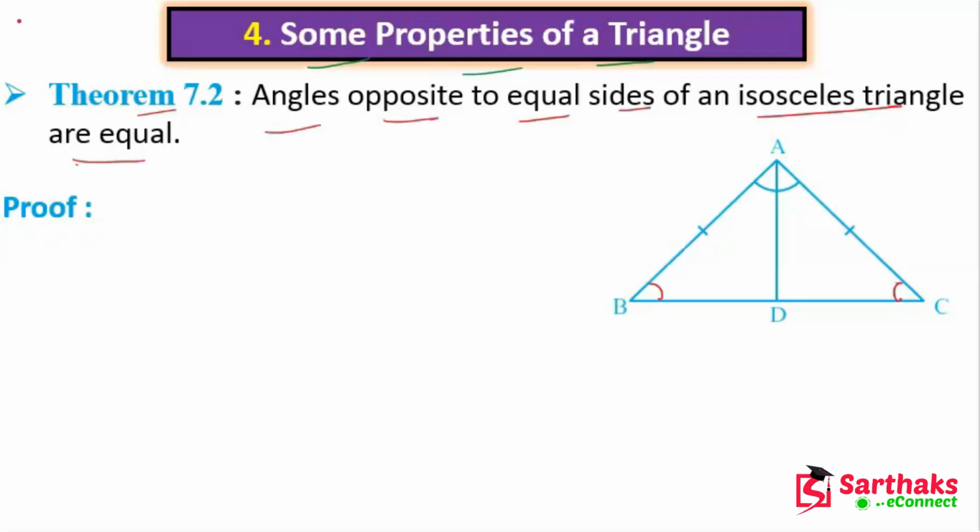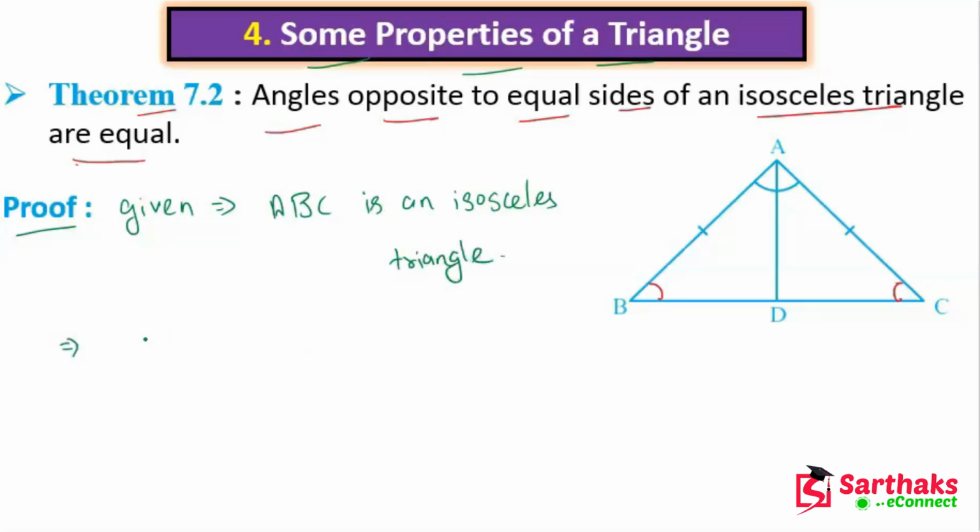Now let's start the proof of this theorem. First of all, we have to write the given part. In the given part we have: ABC is an isosceles triangle, and AB is equal to AC.